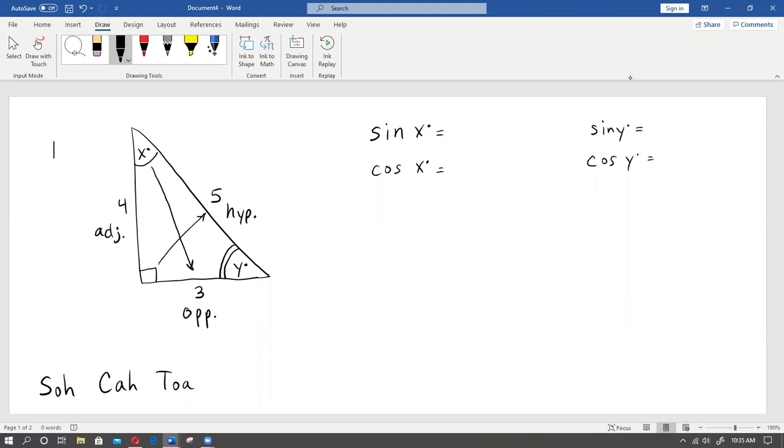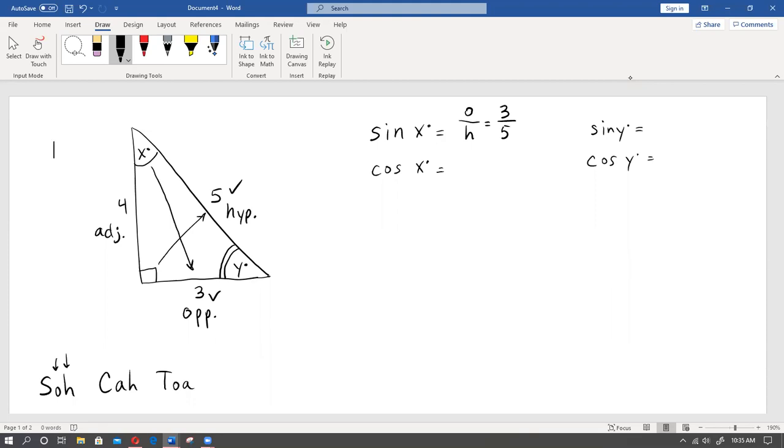Okay, so for the sine of X, it's going to be opposite over hypotenuse, right? Opposite over hypotenuse. Okay, and we said the opposite is 3, and the hypotenuse is 5.